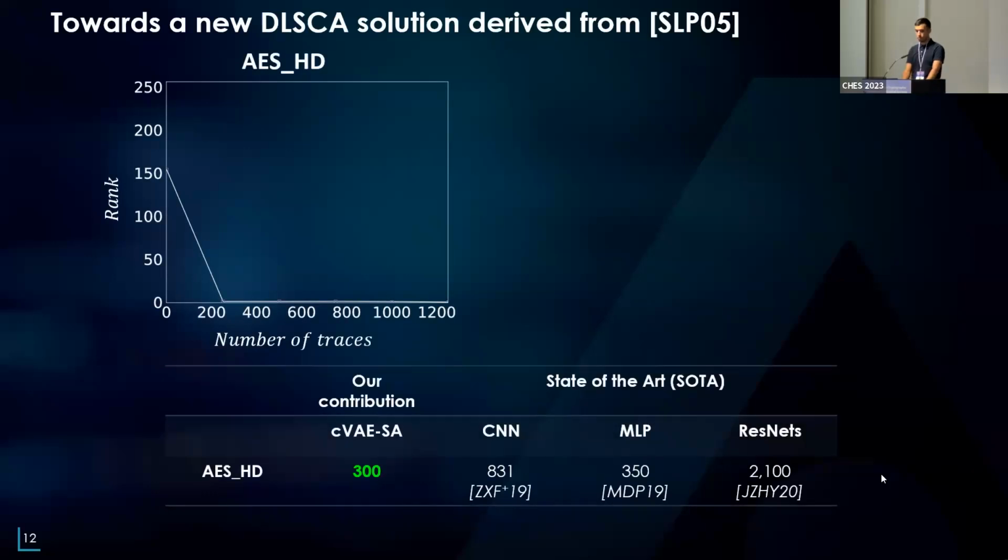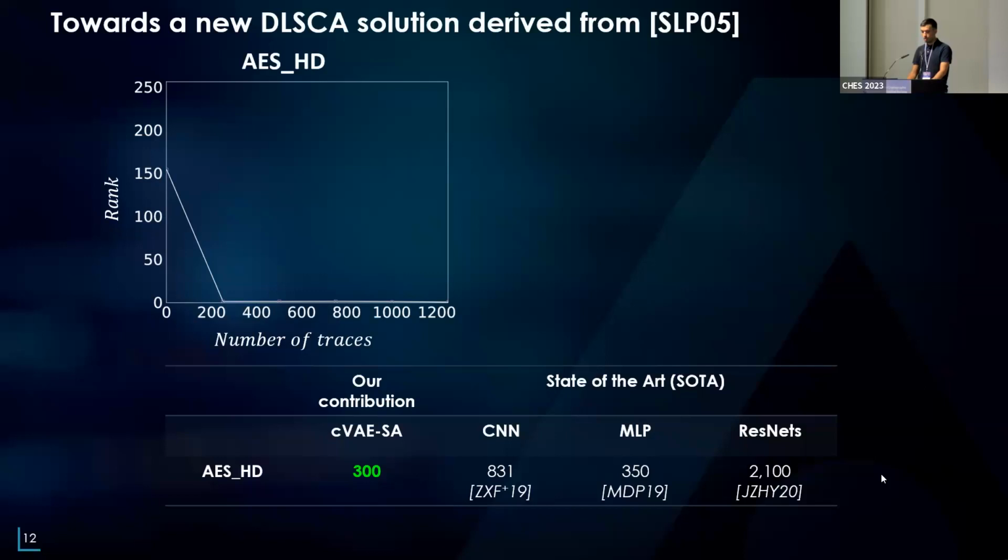So first, what we observe is that if we target an unprotected AES implementation, we were able to retrieve the secret key within 300 traces, which is similar to the state-of-the-art result with the multi-layer perceptron.